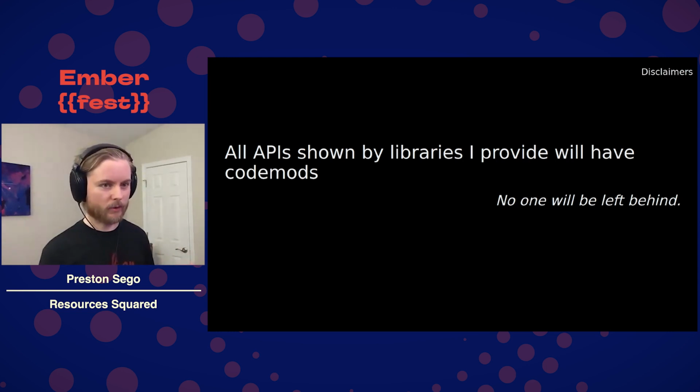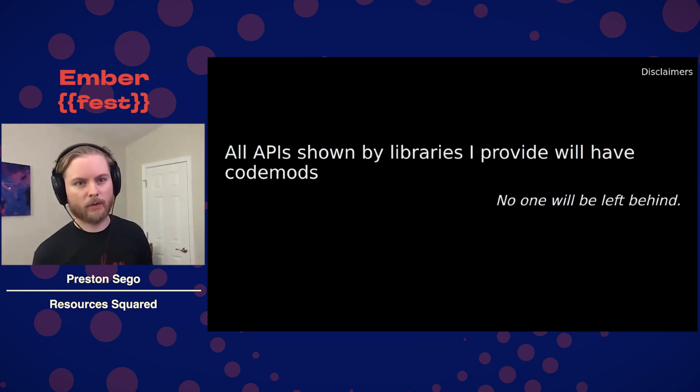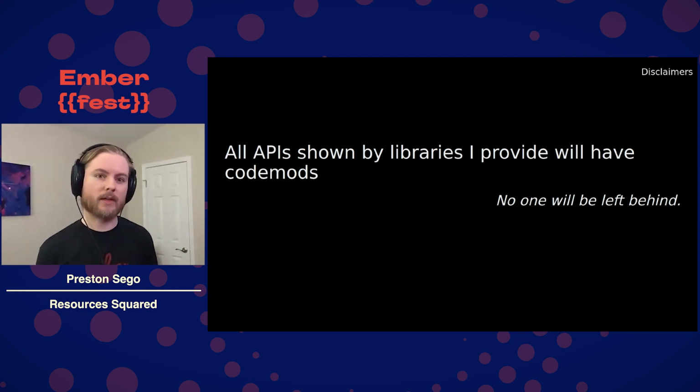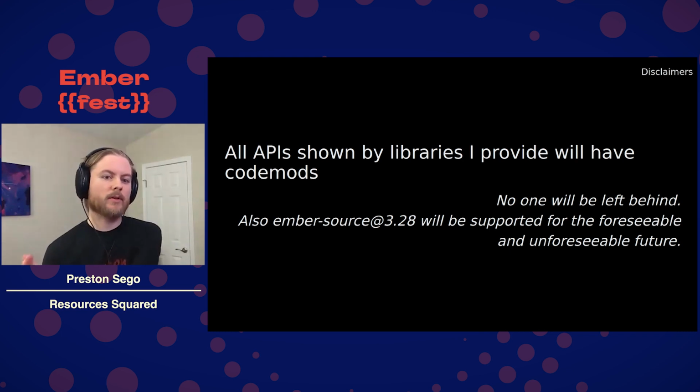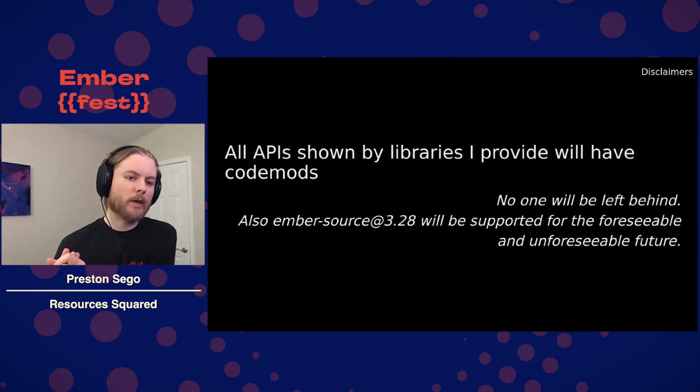And any behavioral difference between my library, Ember resources, and Starbeam would be considered a bug. I'm committing to keeping support for Ember Source 3.28 for as long as I can, and I want to make sure that folks still on v3 can use the patterns coming in the future. And as far as I know, I think everything publicly available about Polaris is available and stable for use in 3.28.